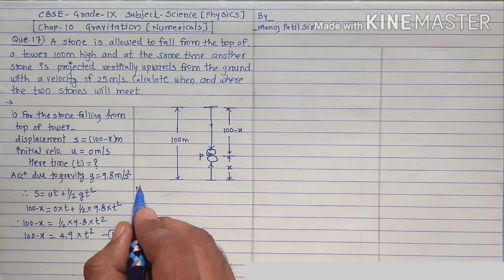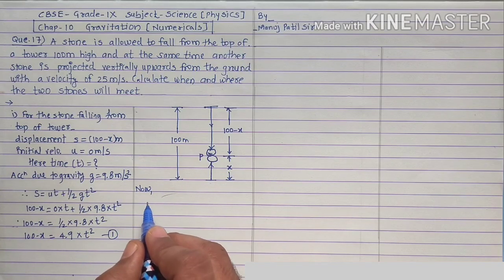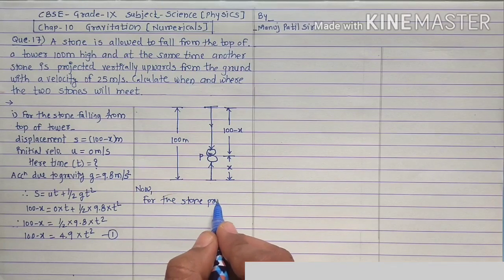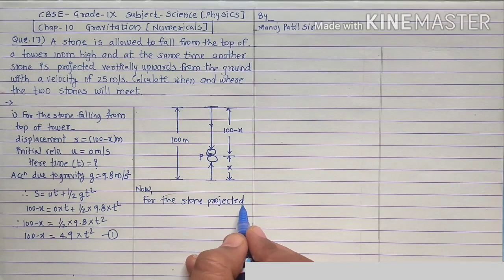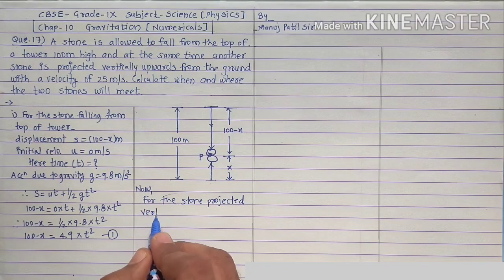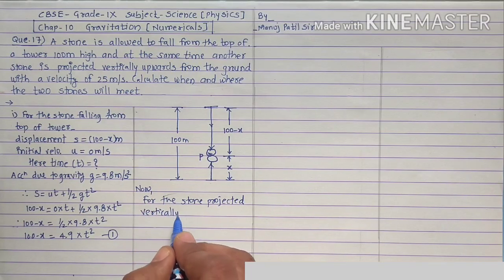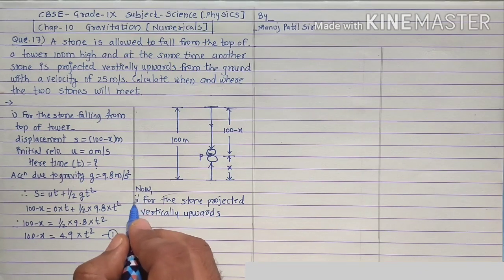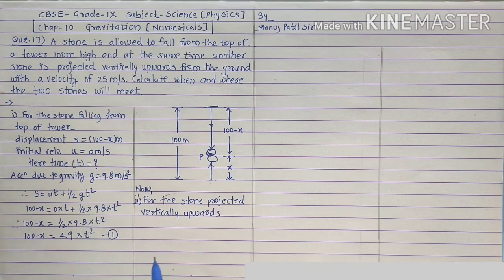Now for the stone projected vertically upwards. This is the second case we are going to discuss now. So here displacement, or we can say height also, displacement or height covered is x meter.